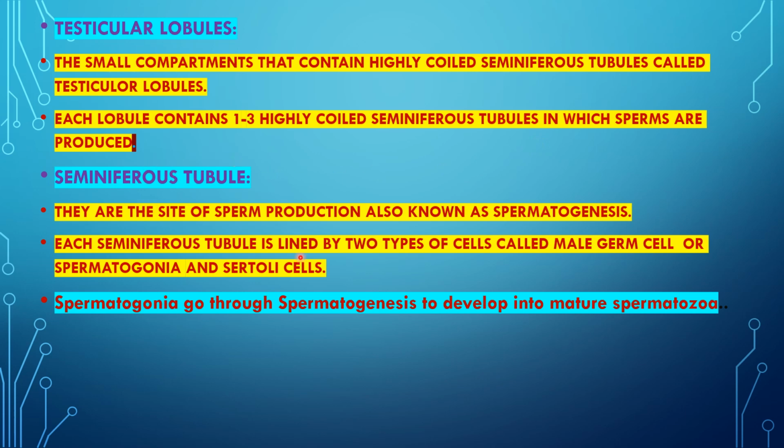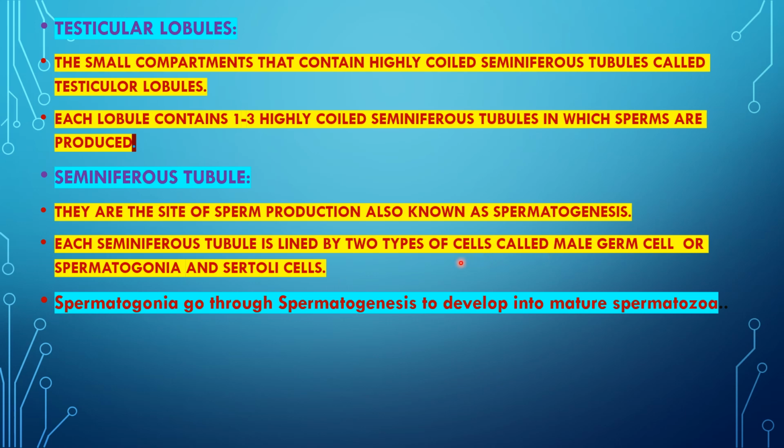So each seminiferous tubule is lined on its inside by two types of cells. What are they? They are the male germ cell, which is also known as spermatogonia, and the other kind of cell is Sertoli cells.